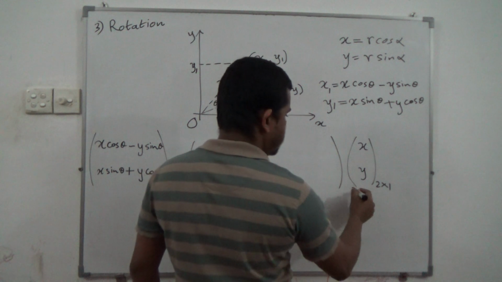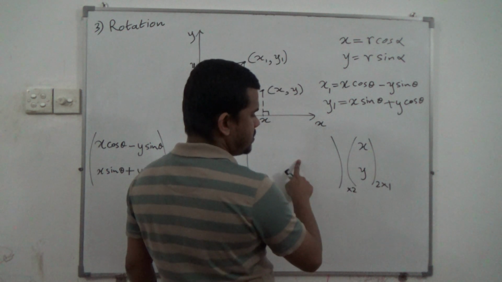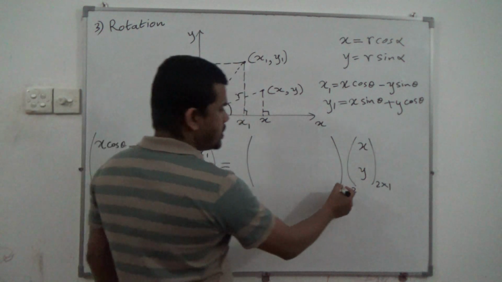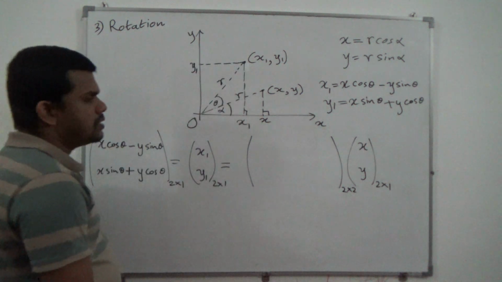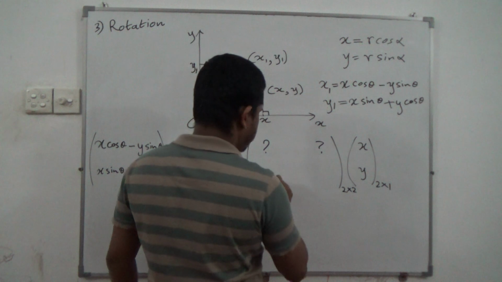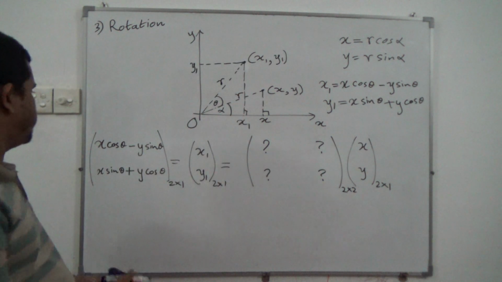So to be able to multiply, this matrix must be something cross 2 type. In the resultant matrix there are 2 rows, so here we have 2. Now can we find a 2 by 2 matrix?